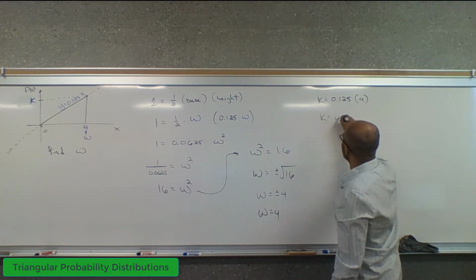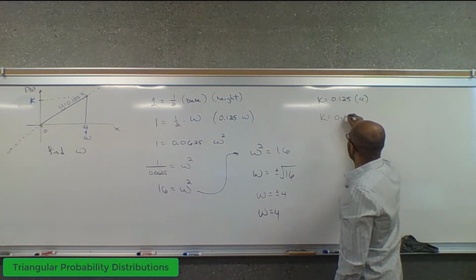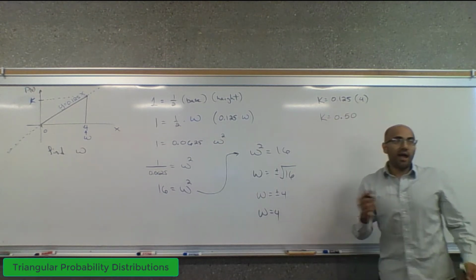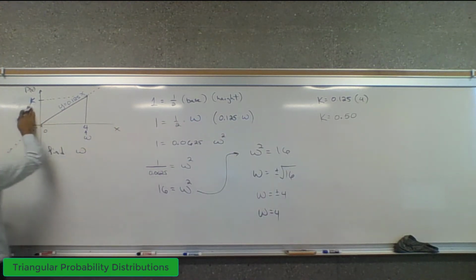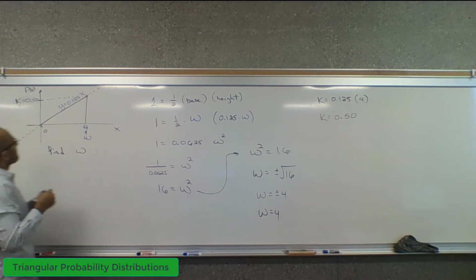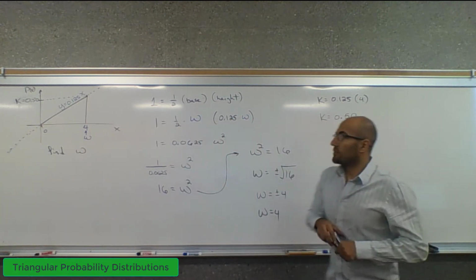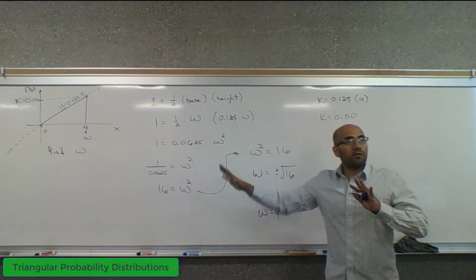So K equals 0.50. Okay, so going back over here, this is 0.50 equal to K. Any questions? Okay, so we got our, oh yeah, question?